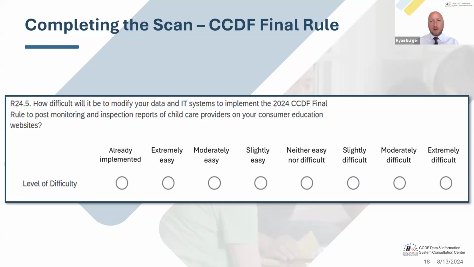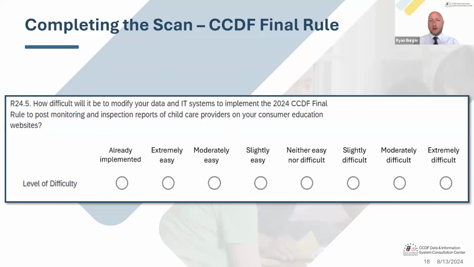So you might have already implemented this portion of the rule. So instead of 7 response options, we have 8 possible response options in this section focused on this CCDF 2024 final rule. So when thinking about your responses to these questions, consider all aspects of full compliance of the rule once it reaches the stage of implementation in a data and IT system.